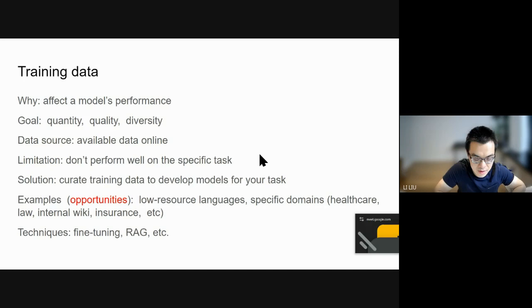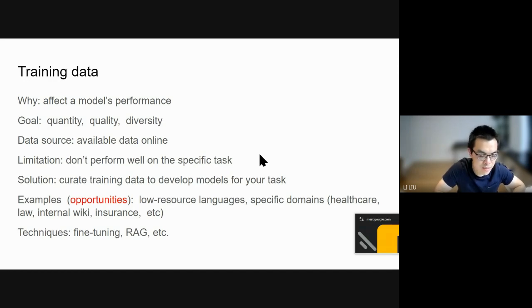Diversity is around many aspects, for example, language or area or certain topics, because we want to build a foundation model which can be capable of performing multiple tasks. So we don't want the model to be trained on just certain training data, maybe on a certain political party or certain race or gender, but we want it to have more diversity of training data sources.